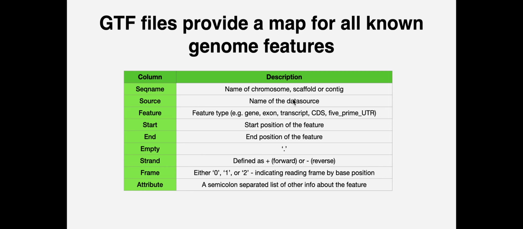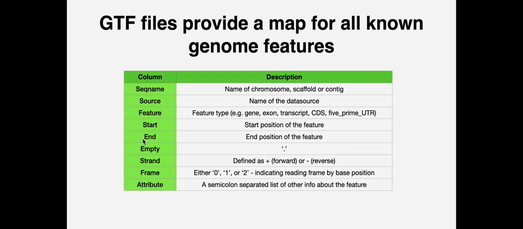It has a name of a sequence, a column called seq name, that's the name of the chromosome, CHR1 or just 1, CHRX or just X, or it could be the name of a scaffold or contig if that part of the genome is not assembled into a chromosome. It'll have the source, so what's the name of the database it came from? Is it Ensembl? What is that source? It'll have the type of genomic feature: gene, exon, transcript, coding sequence, 5' UTR, you name it.